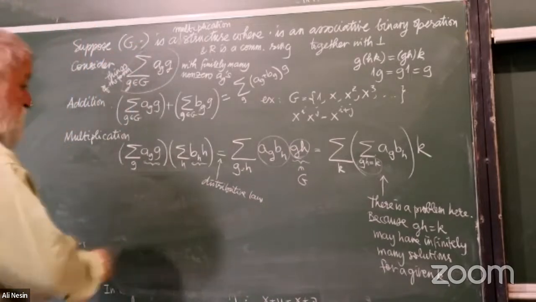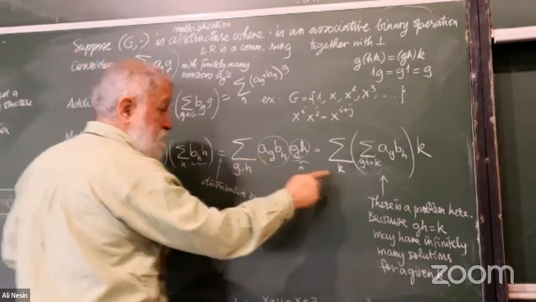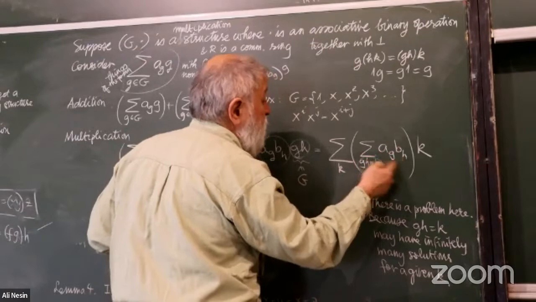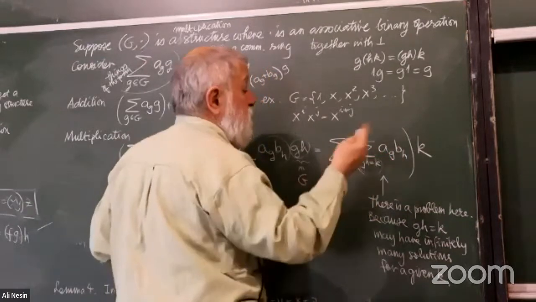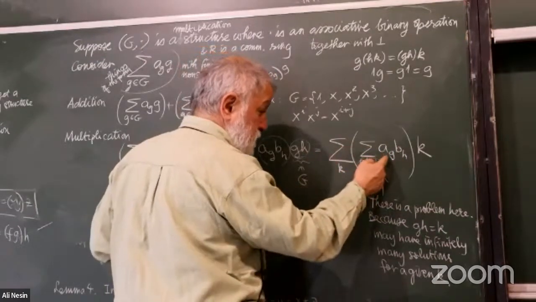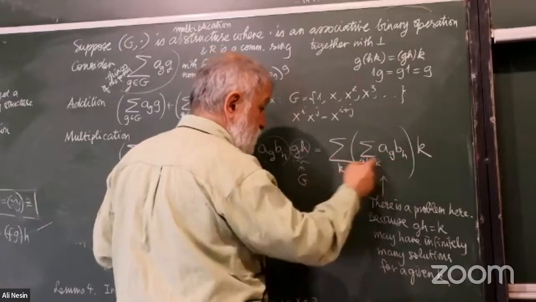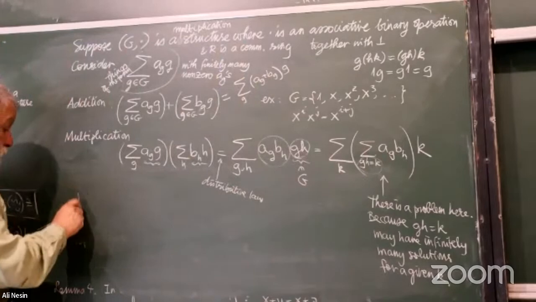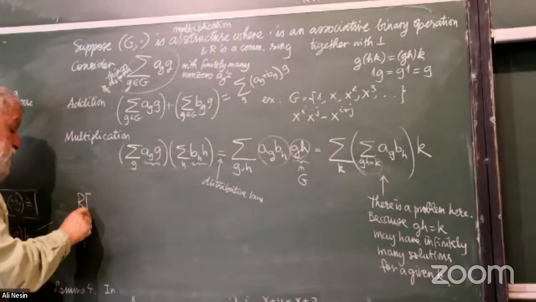Okay, now this makes sense. Now we are choosing between a_g and b_h. Most of them are zero, and you can add infinitely many zeros, it doesn't matter. So this will have finitely many solutions. Now this will make sense. The structure is denoted by R[G].